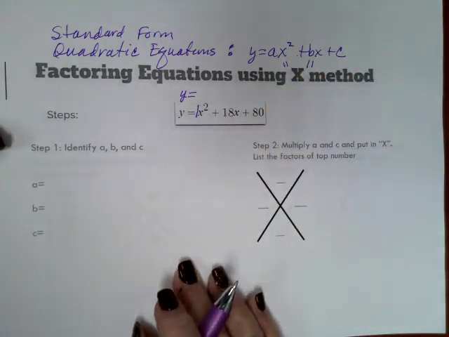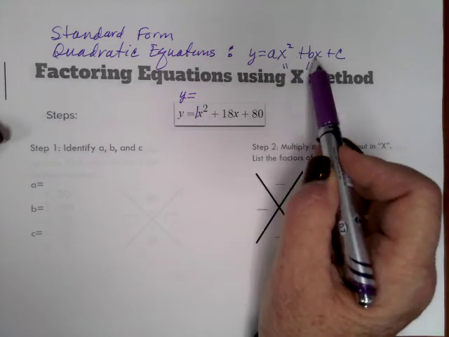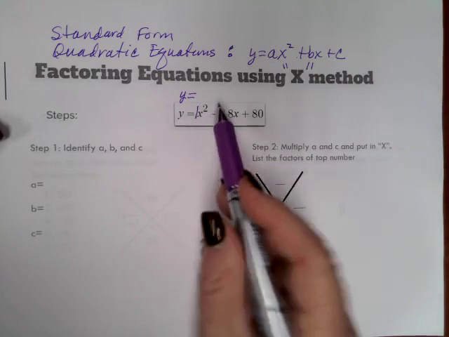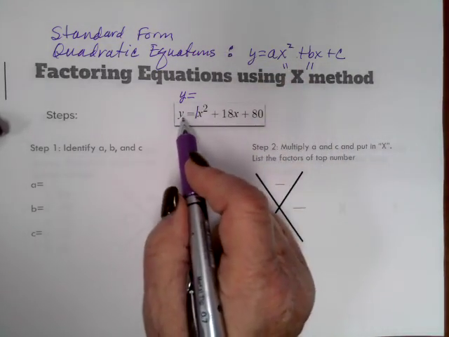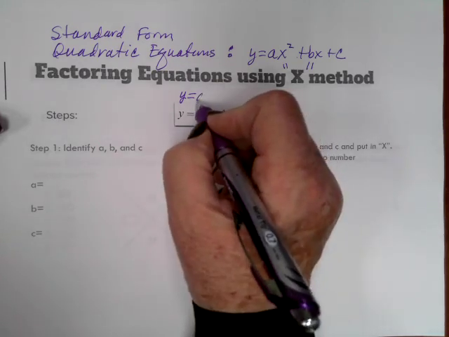Where a is with the x squared term, b is with the x, and c is a constant with no variable. So the problem that we have, y equals x squared plus 18x plus 80, is in this format.